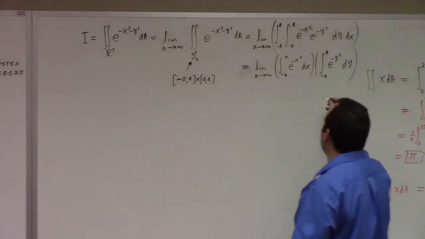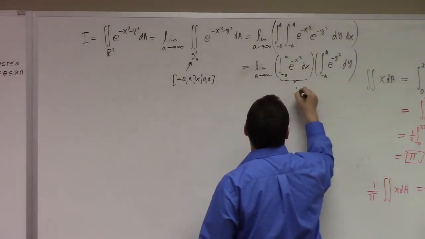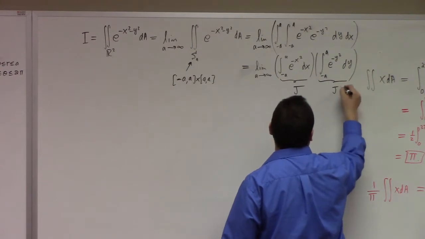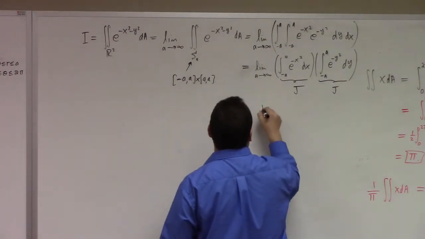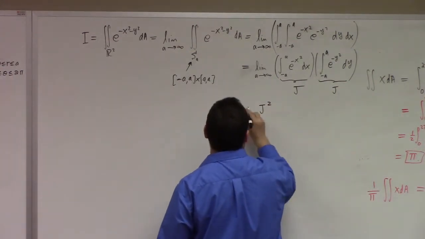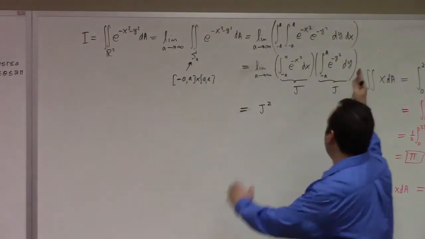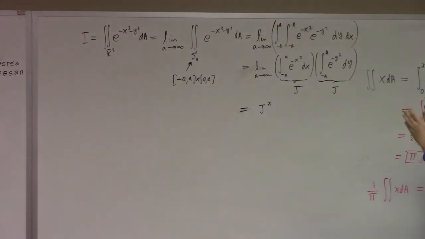Or if you just call this thing j and call this thing j, then this should just be j squared, right? Because they're both j. It's the same integral, just written with y or x, so it's just a change of integration variable.